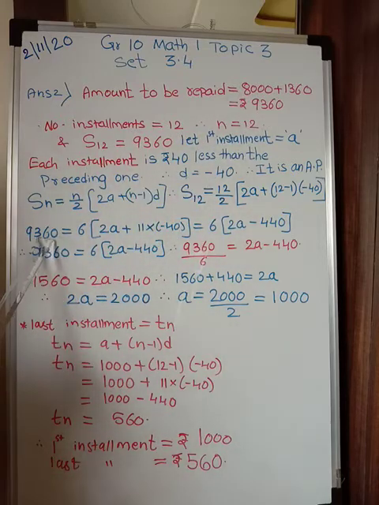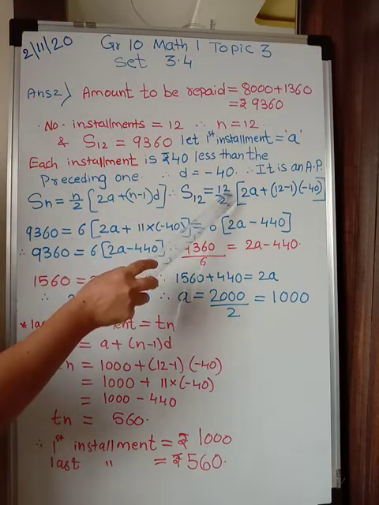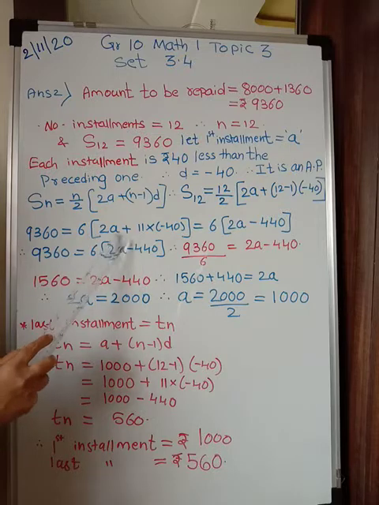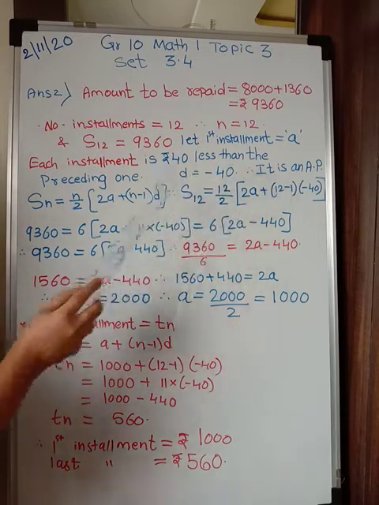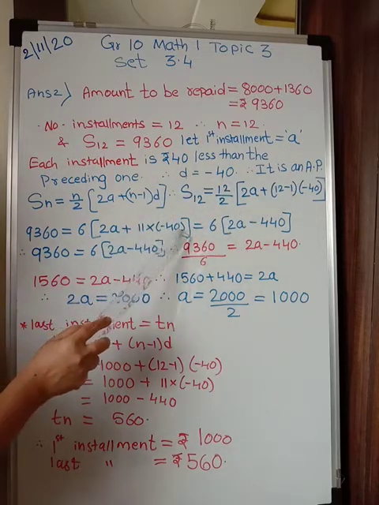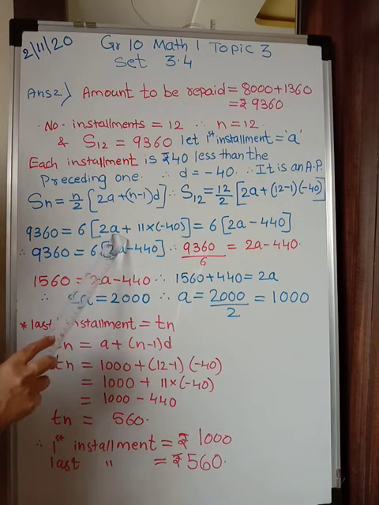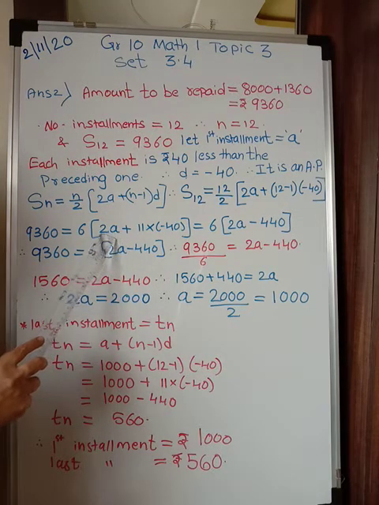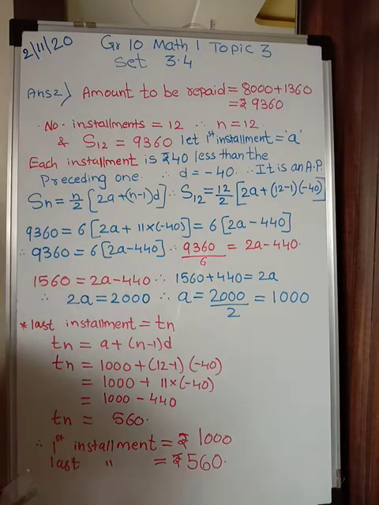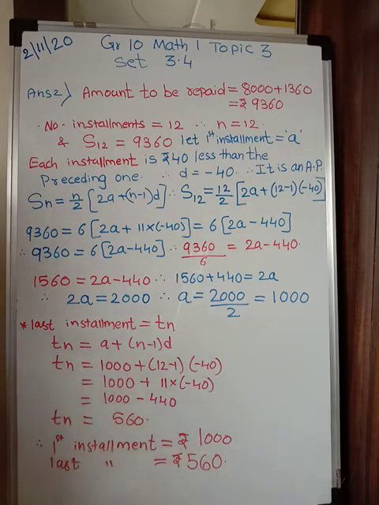So, 9,360 is equal to 12 by 2 is 6, 2a plus 12 minus 1 will be 11 into minus 40. We don't know what is the first installment. That is what we have to calculate. We have to find what is the first installment and what is the last installment. They have asked, find the amount of the first and the last installment.